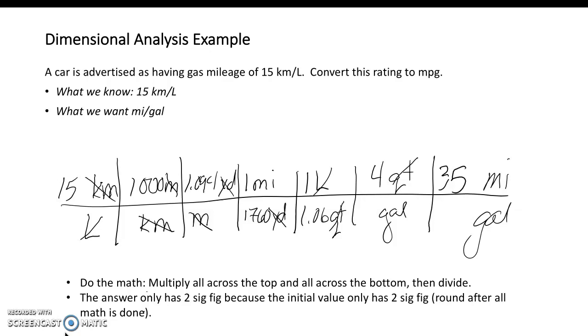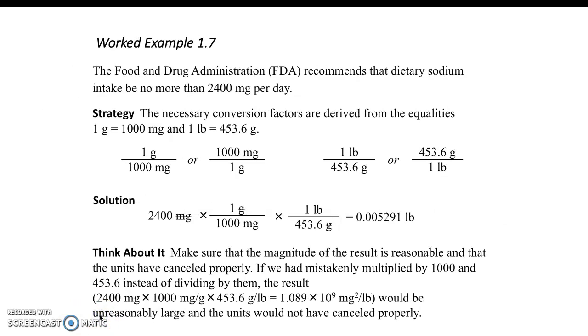So conserving my significant figures, I started out with 2, I have to end up with 2. And I did the rounding when I got to the very end, because we know we don't want to round partway through a problem, because we can end up with cumulative rounding errors. So that is dimensional analysis.